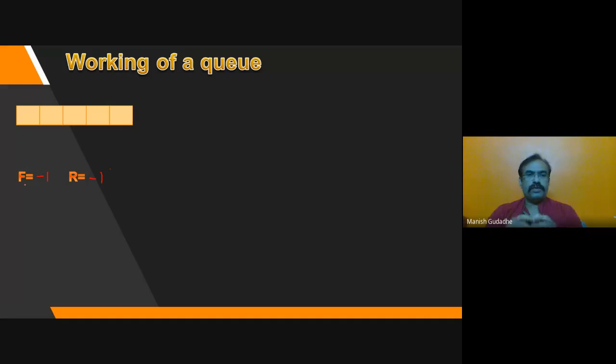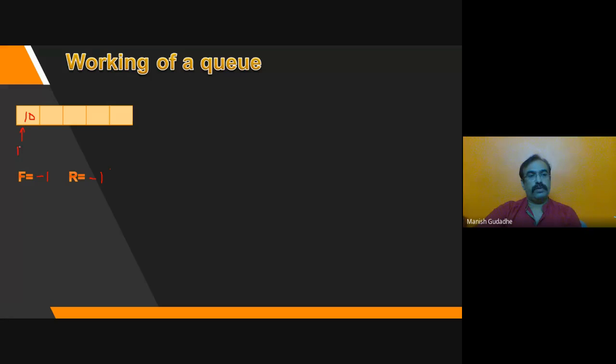What will be the next position? Let us say that we are adding the first element in the queue. Let us say that we have added 10 in the queue. So which is the first element in the queue? 10. Which is the last element in the queue? 10.